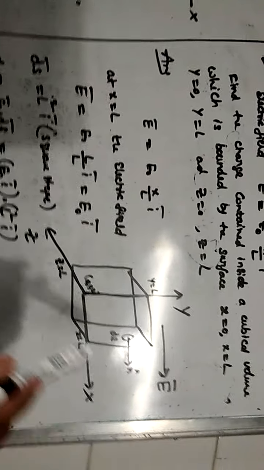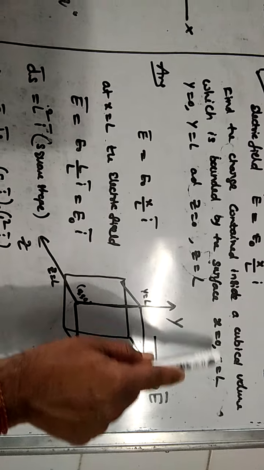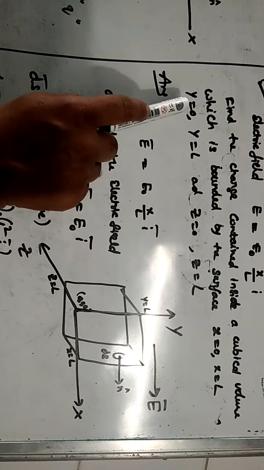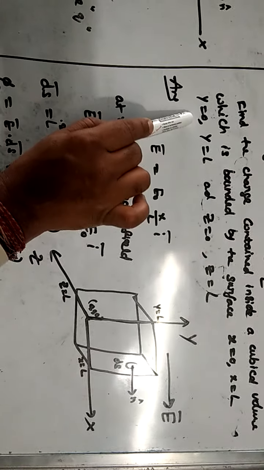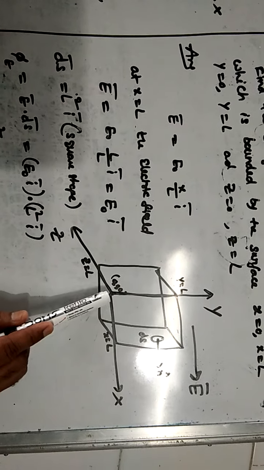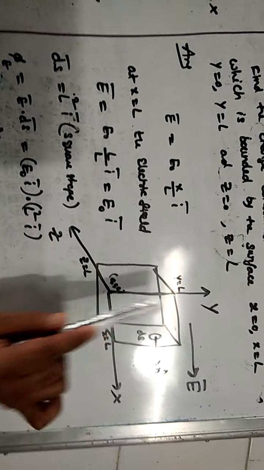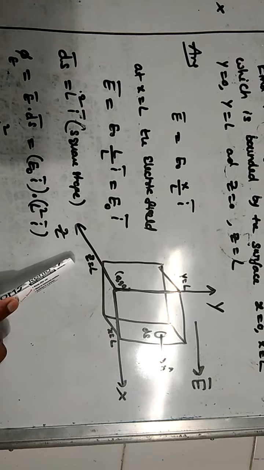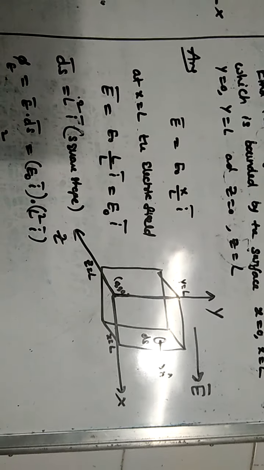First of all, you have to draw the diagram, the x, y, z coordinate system. What is the meaning of x equal to 0, x equal to L, y equal to 0, y equal to L, z equal to 0, z equal to L? So x is 0, y is 0, z is 0, that means origin 0, 0, 0. x equal to L here, y equal to L here, z equal to L here. And this is the cube diagram I am drawing.